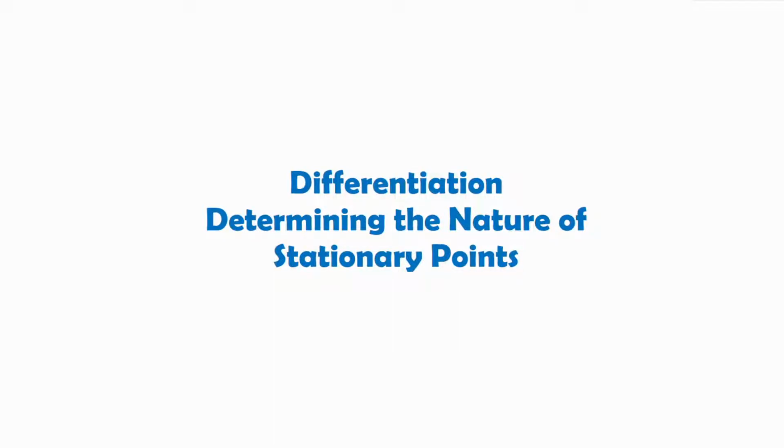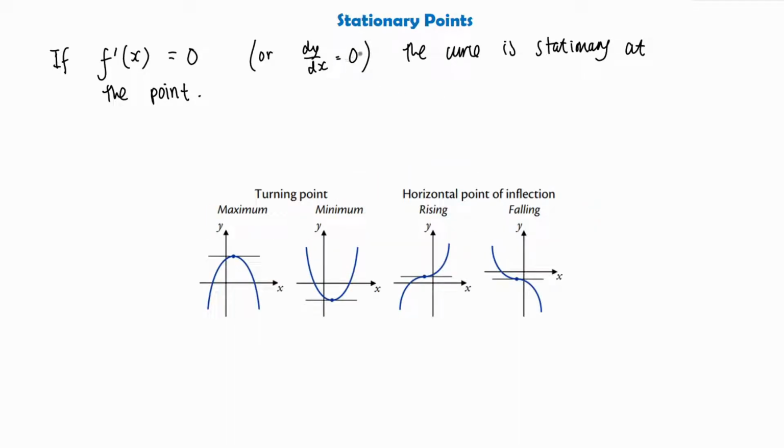Today we're going to continue our topic on differentiation, and we're going to keep looking at stationary points as we did in the last video, but today we're going to be talking about how to determine the nature of the stationary points. So in our last video we talked about stationary points, and we mentioned that if the derivative of a function, of a curve, is equal to 0, then we would say that the curve is stationary at that point.